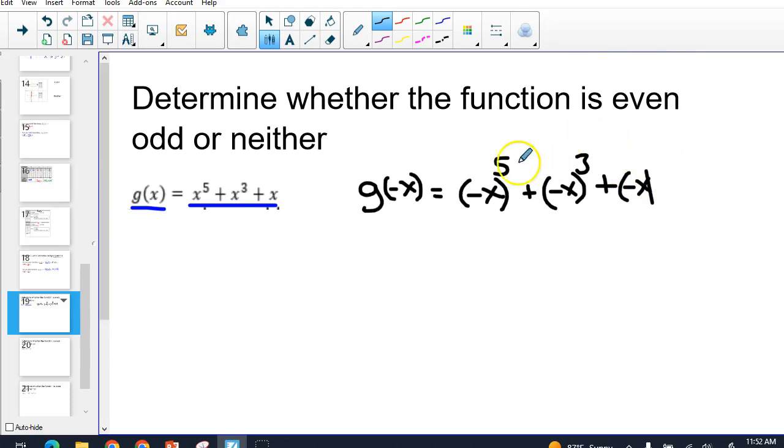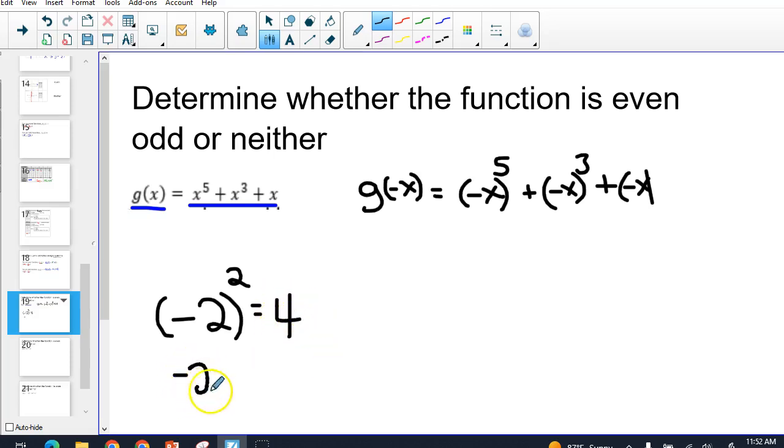Now, as a quick reminder, if you don't remember how a power works with a negative number, why don't we just use an actual number instead of a variable? So let's say we have a negative number, say negative 2. If I raise this to an even power, say I square it, negative 2 times negative 2 will give me a positive 4.